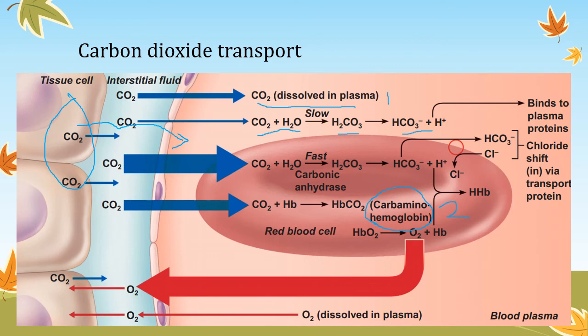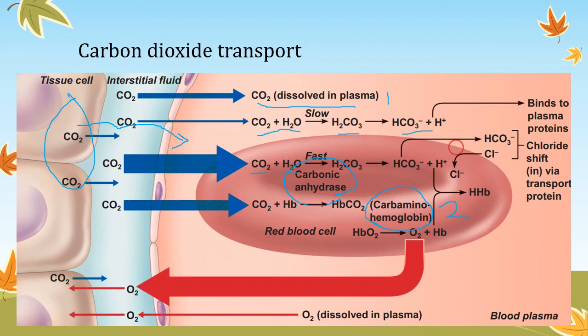In the red blood cells, there's an enzyme called carbonic anhydrase, and this enzyme helps the reaction. When carbon dioxide combines with water and becomes carbonic acid, the reaction is really fast with the help of carbonic anhydrase.